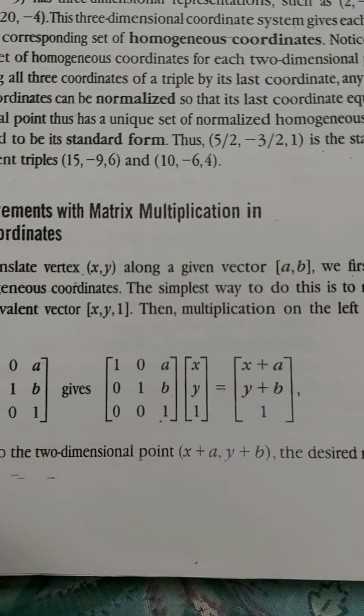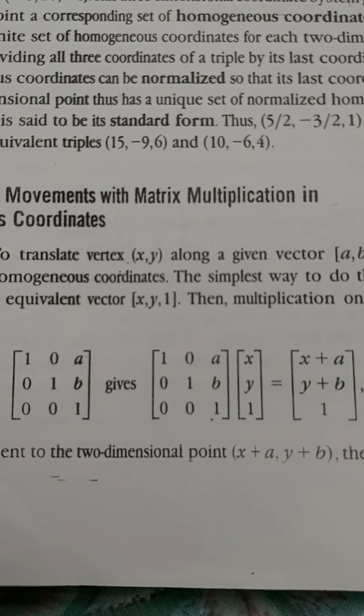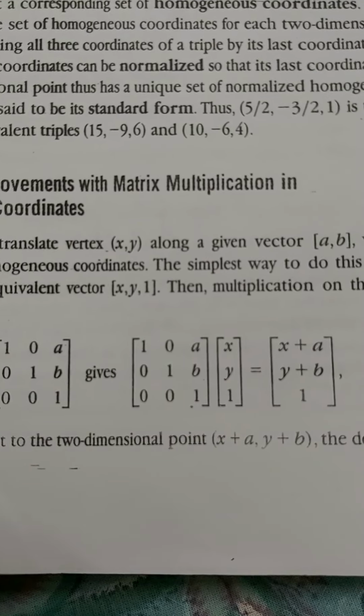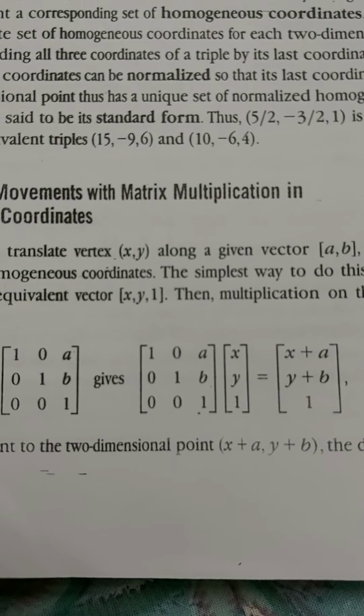That means what we are doing here, we are writing (x, y) of R2 as (x, y, 1). By doing this, we are getting translation of the (x, y) vector. We want to translate the (x, y) vector by (a, b). So for this we will multiply (x, y, 1) by this 3 by 3 matrix [[1, 0, a], [0, 1, b], [0, 0, 1]].